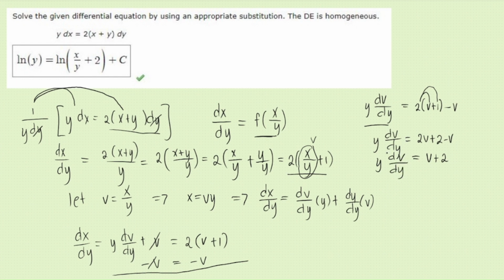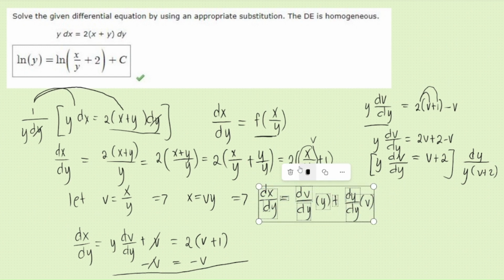And the next thing we're going to do is separate the variables: all of the expressions containing y on the right hand side of the equation, and all the expressions containing v on the left hand side of the equation. So we can actually divide by y times (v plus 2).